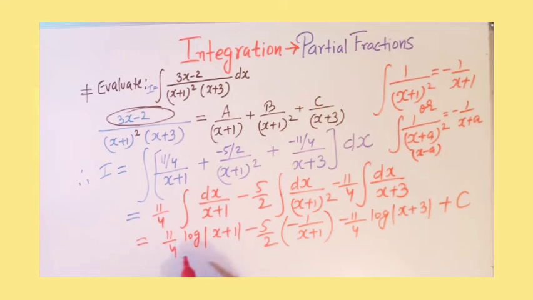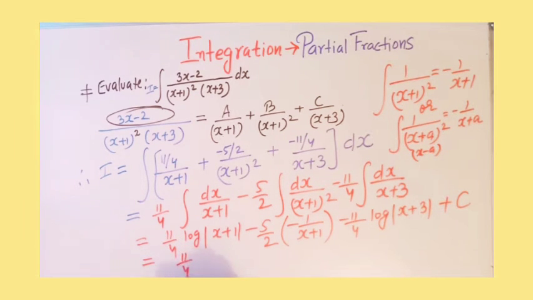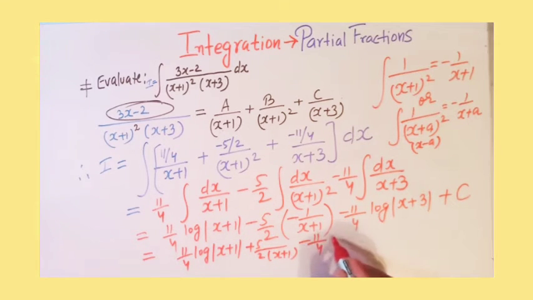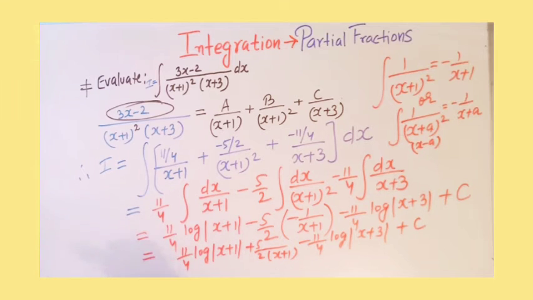So viewers, now we can simplify it. We have 11 by 4 log of x plus 1, and then we have minus minus plus, so we have 5 by 2 times 1 over x plus 1, and minus 11 by 4 log of x plus 3, and here we have the constant of integration, right?